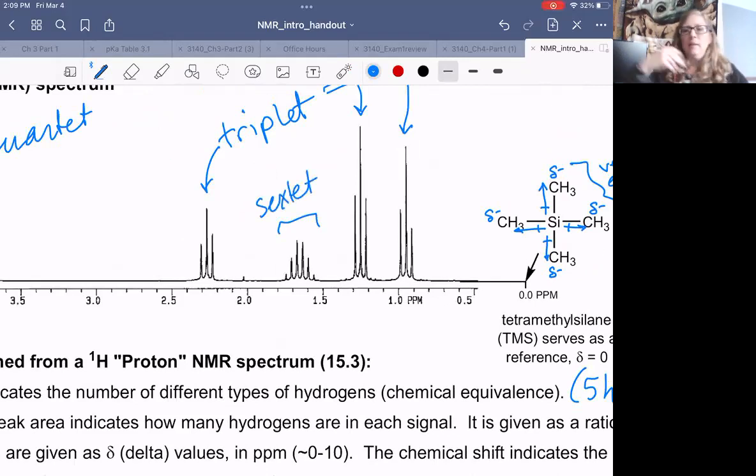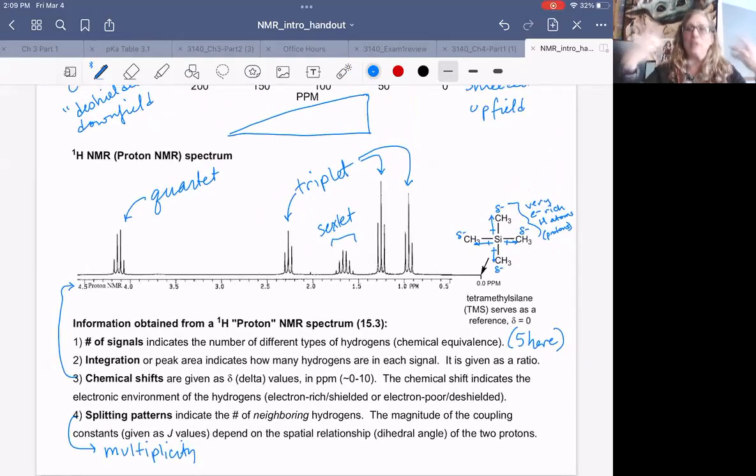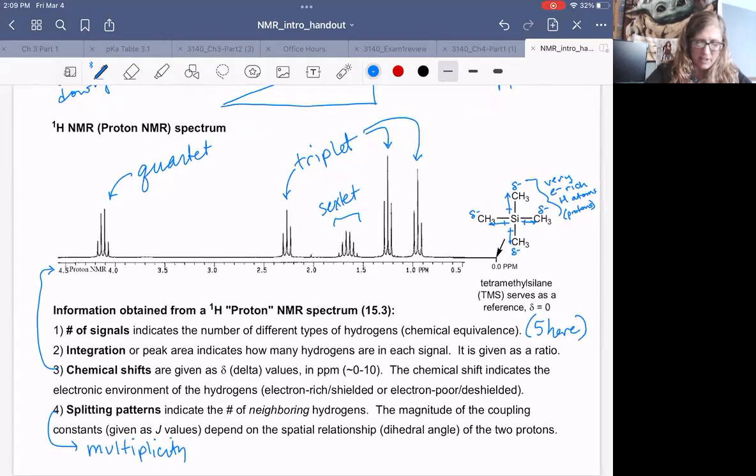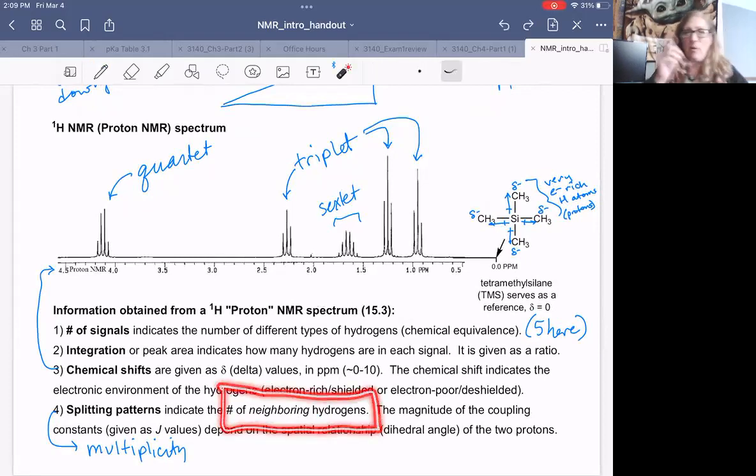So we'll look at singlets and doublets and triplets and quartets and so on. Now, what information does that tell us? Why sometimes do we have a doublet and sometimes a triplet? What this tells us is the number of neighboring protons. This is going to help us link this CH with this CH and start to put the pieces of our puzzle together.